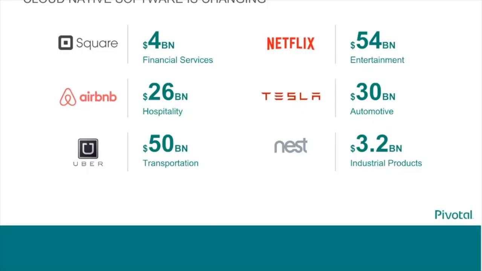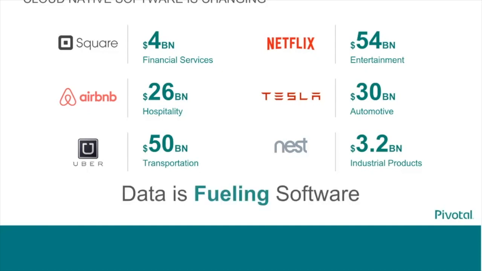If you look at the industry trends, these are some of the companies that are really harnessing the power of building software. They are the ones disrupting traditional business and creating tremendous value. If you drill into these companies, what is driving them? Data is what is fueling the software.